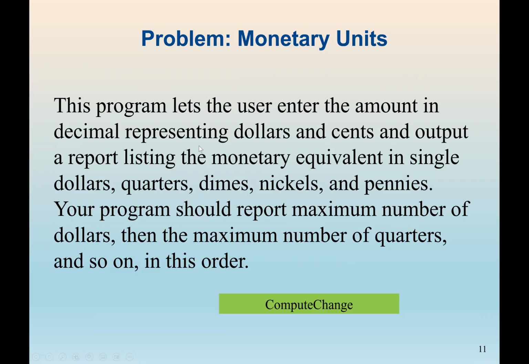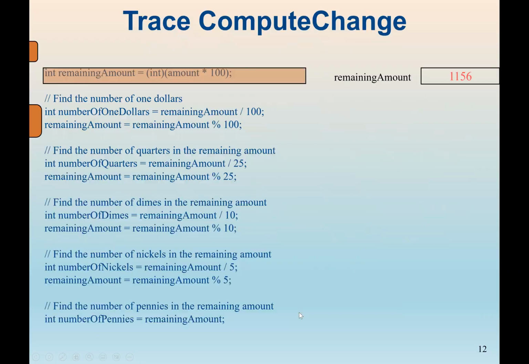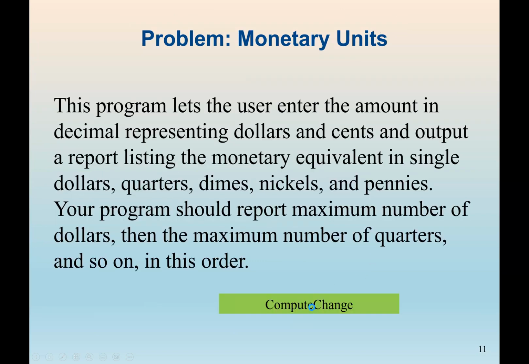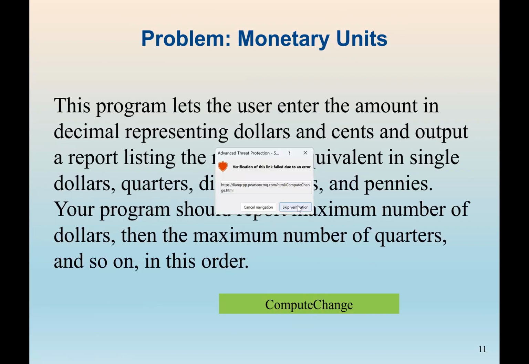So we are going to ask the user to enter an amount, let's say $20.50, and say how many dollars we can get from that amount, how many quarters, dimes, nickels, and pennies. This means we have to use, again, the modulus operator. Let's see the program first.